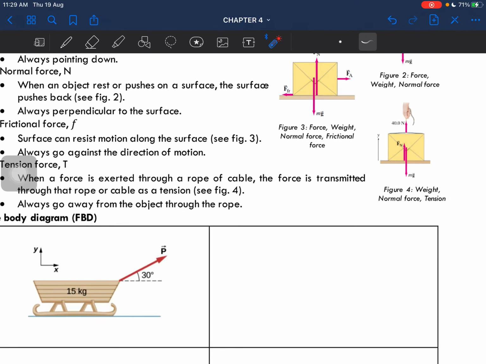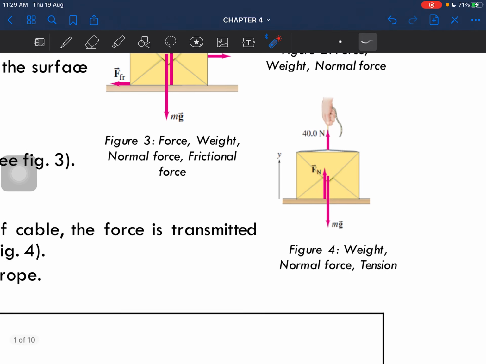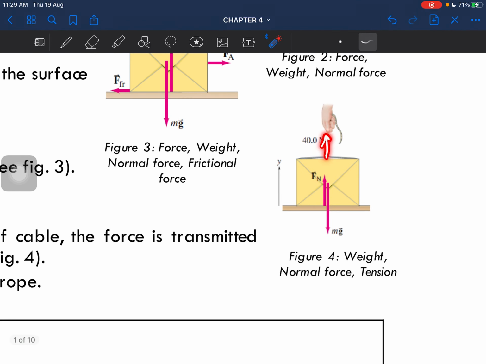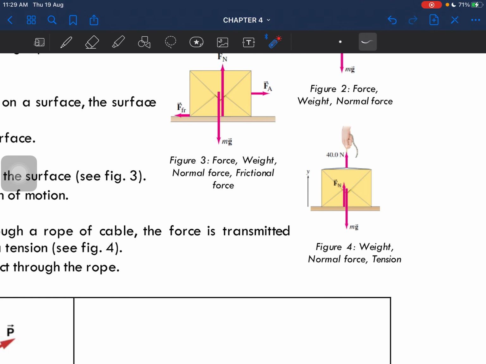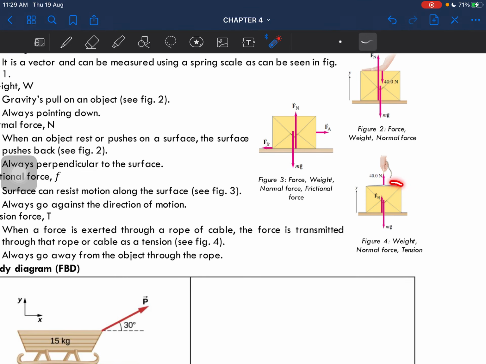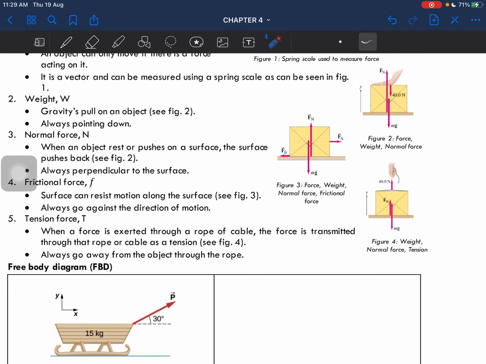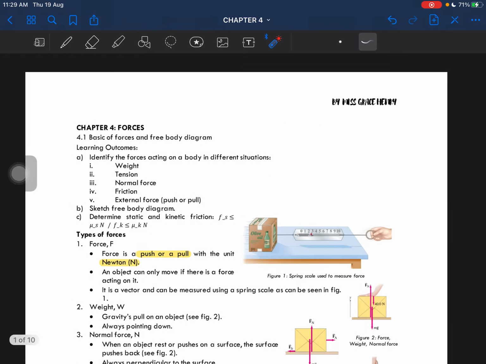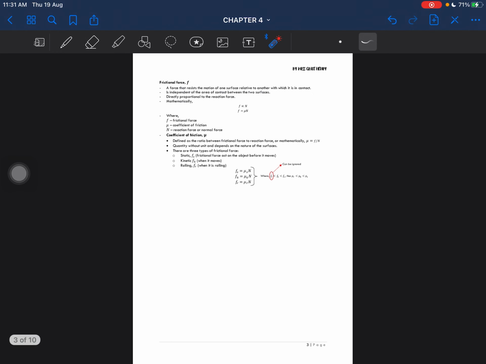The force is transmitted through this rope or cable. This arrow is tension. It is away from the object along the rope. And then this one is examples.